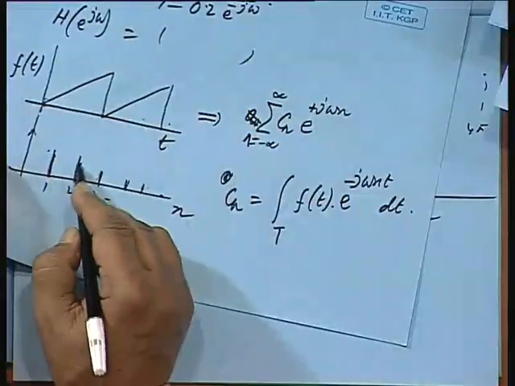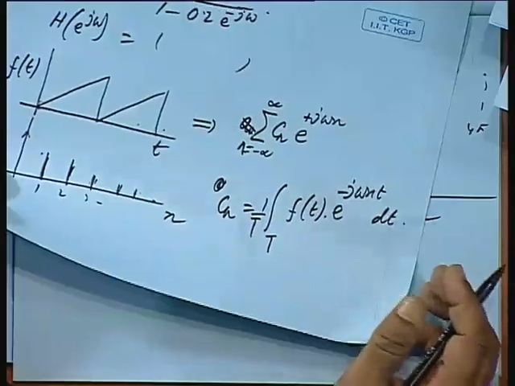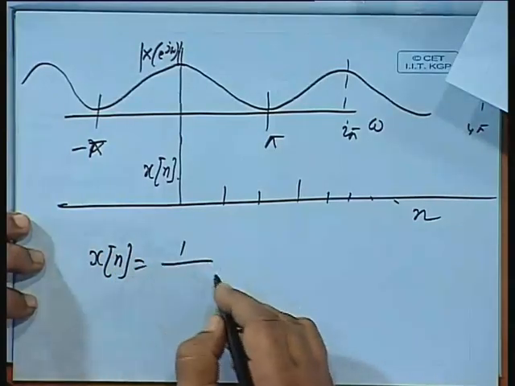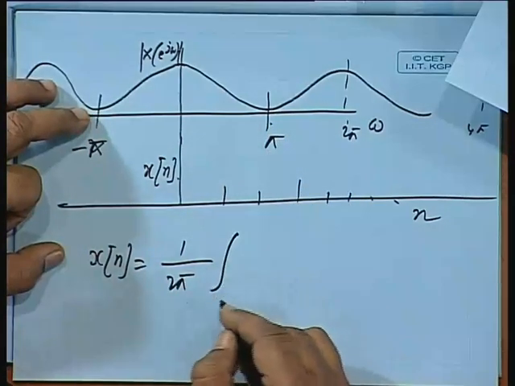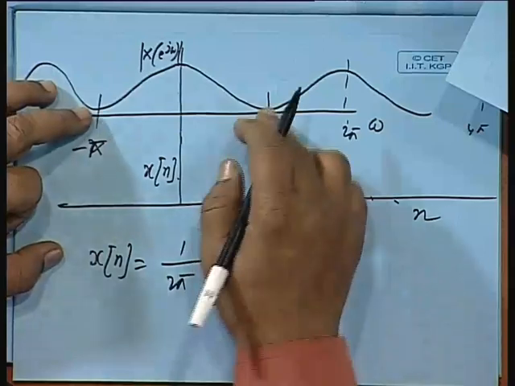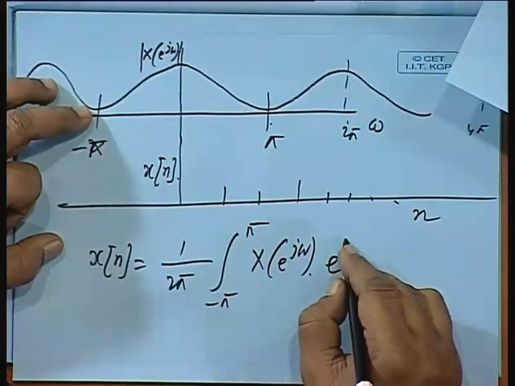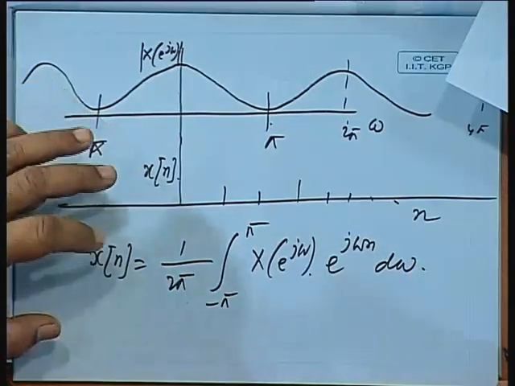So, in the time domain, if it is periodic, the corresponding frequency domain constants are evaluated from here, divided by T. In this case, by the same argument, I can evaluate x[n]. What is the periodicity? 2π, 1 by 2π, minus π to plus π, X(e^jω), e to the power, now I will take plus jωn dω, okay, that will give me x[n].